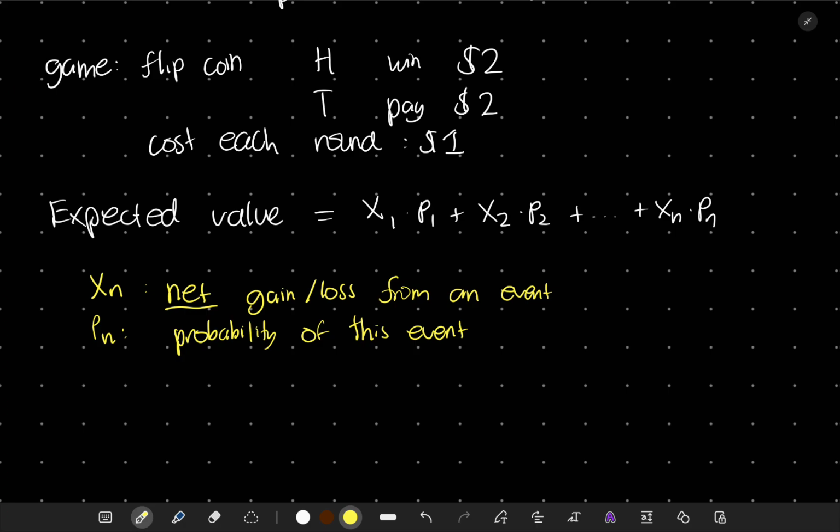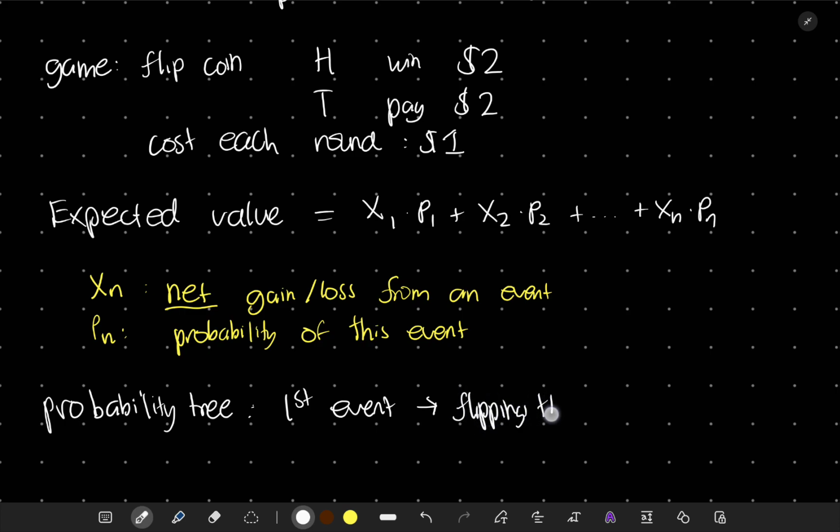If we think about the multiple events that can happen in this game, I can either win or lose, right? So for this game, I'm going to first draw a probability tree. What's my event? There's only one event, which is flipping the coin.